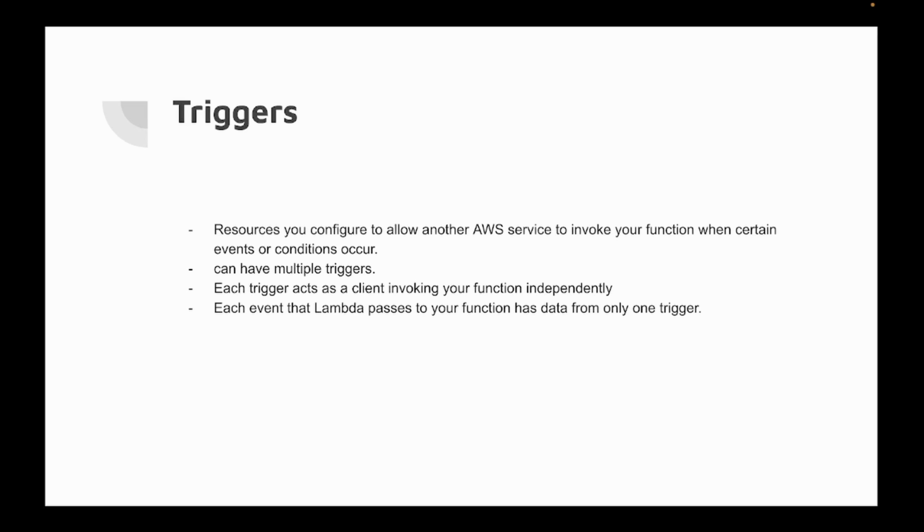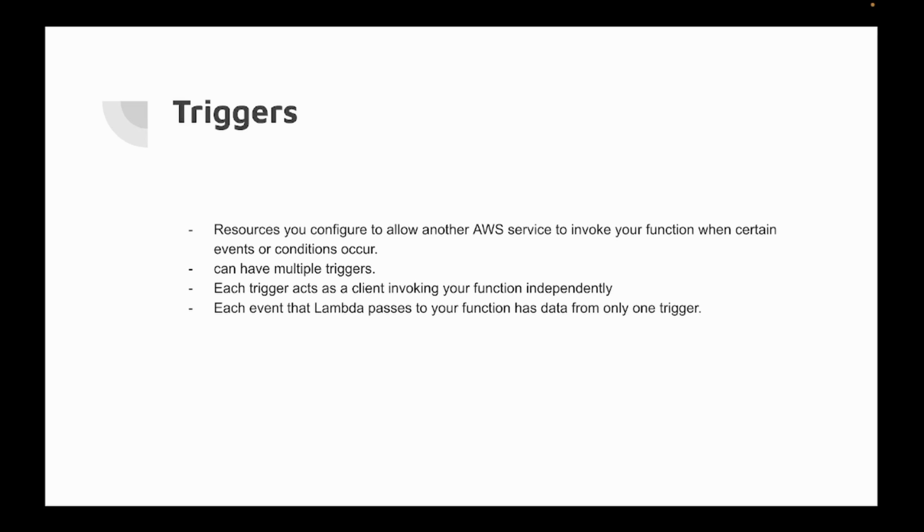When you have multiple triggers, each trigger acts as an independent client, meaning it invokes your function independently without being affected by any other trigger that you already have. So let's say you have two triggers for the same Lambda function, API Gateway and an S3 bucket.